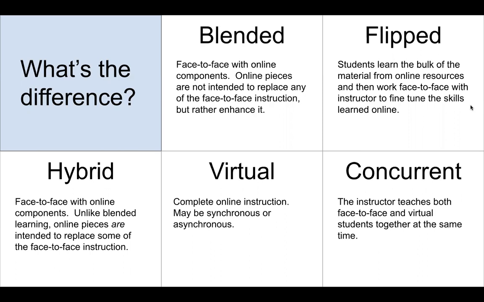And then when they work face-to-face with the teacher, they're doing that to fine-tune those skills that they learned from the online resources. There's a hybrid classroom, which is face-to-face with online components. It's similar to blended learning, but unlike blended learning, those online pieces are actually intended to replace some of that face-to-face instruction.